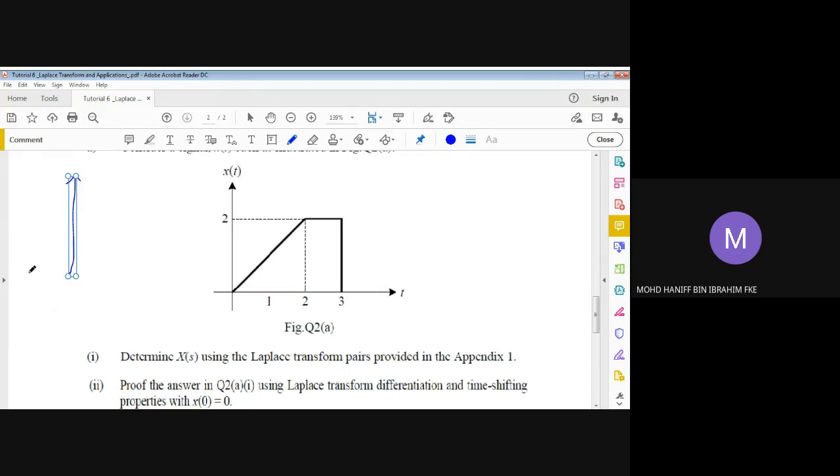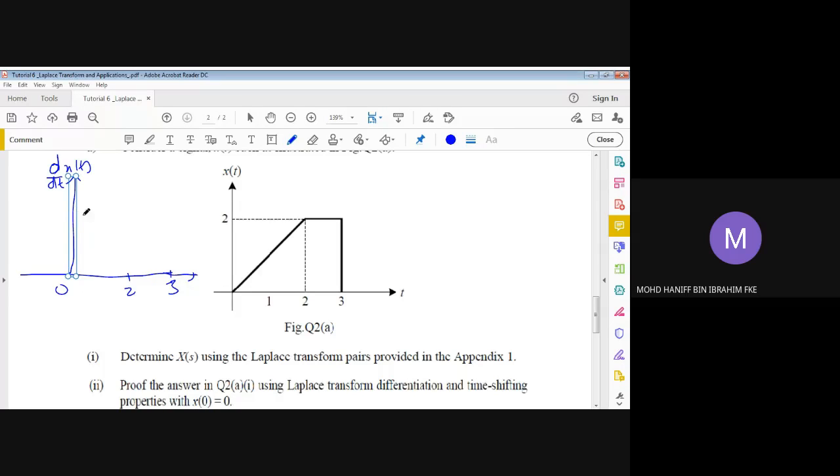So this should be d over dt of x(t), the differentiation of x(t). This is your straight line having a slope of 1, the equation for this line being t. From 0 to 2, when we differentiate this straight line, we're going to have a constant.